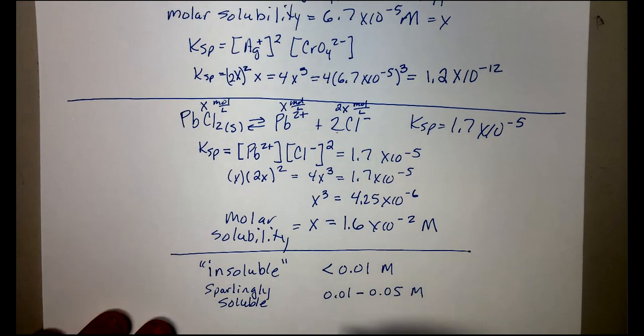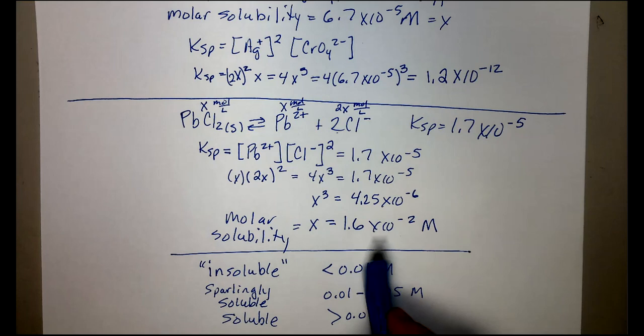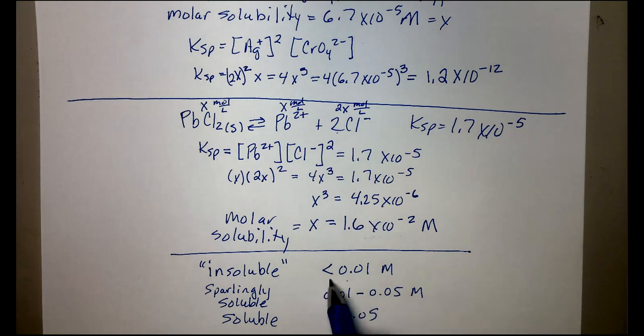And then if you're greater than 0.05, a lot of people consider that soluble. But just because this was just above that, we're calling it sparingly soluble, but is it really that much more than something that's slightly less than that?